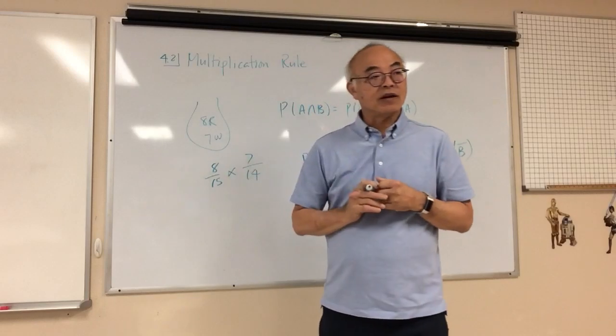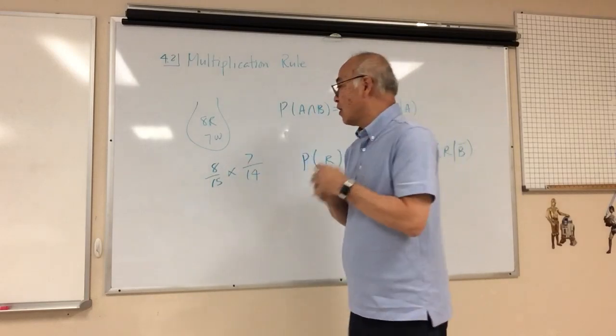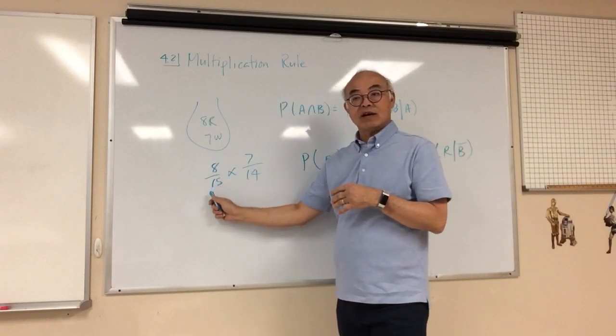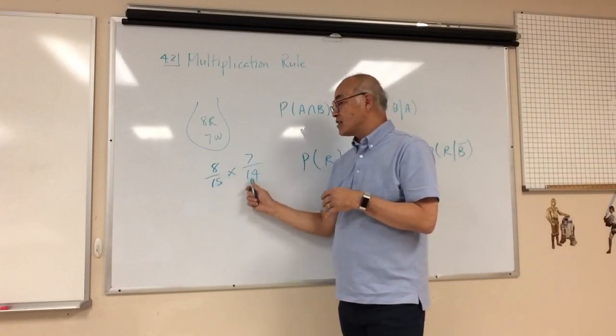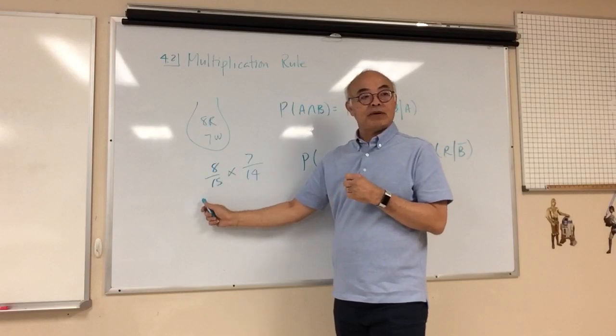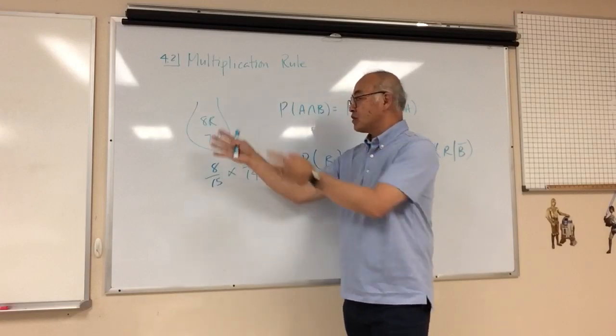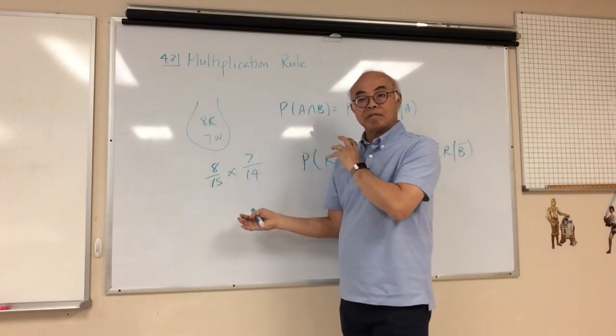So the probability of me picking a red is 7 over 14. Can you see that now this one is not independent of the first one? It is directly dependent upon what happened here. Whether I picked a red or white shifts the probability altogether.